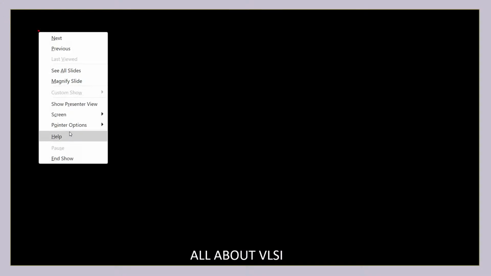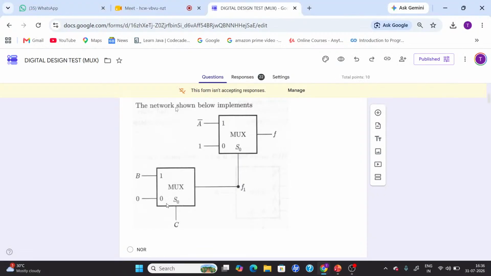Let me change the pen color also. So the output of F1 is basically B into C. This is my first multiplexer output because, using Shannon's expression, C complement into 0 plus C into B is nothing but B into C. F1 is equal to B into C.